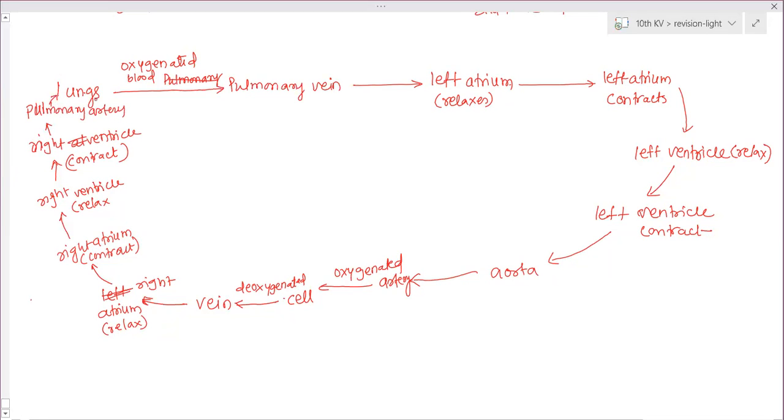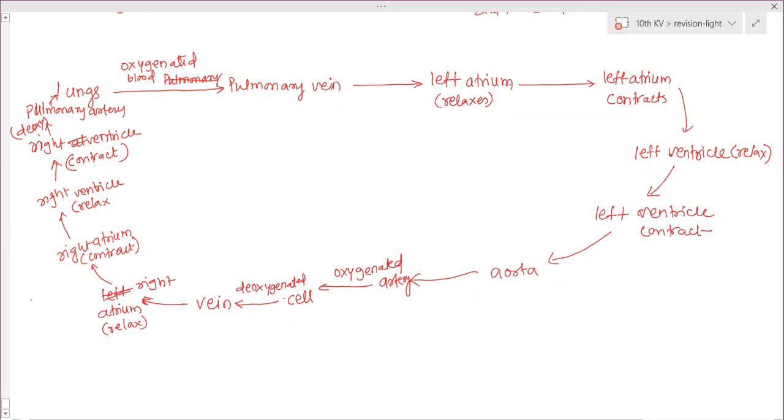That means it takes the blood to the lungs, where the exchange of gases takes place. So this deoxygenated blood is taken to the lungs, exchange takes place, and now it becomes oxygenated blood. It will transfer to the pulmonary vein, then the left atrium.